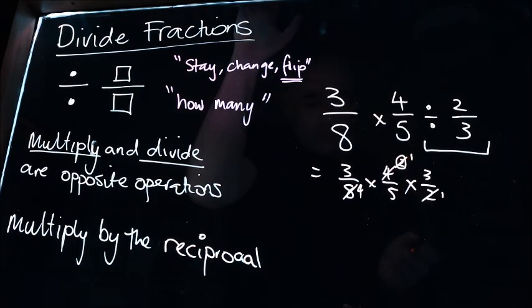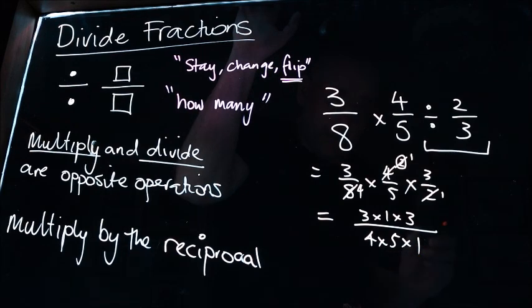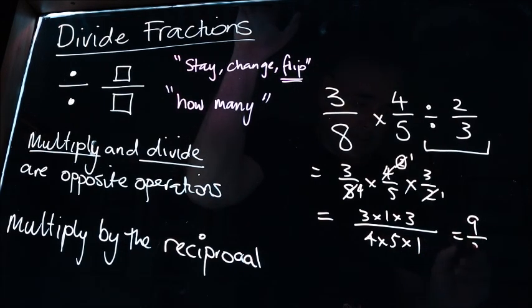So it all looks a bit of a mess, and that's about all I can do. I've tried my best to be neat about this, and I'm just going to write this out as 3 times 1 times 3, and 4 times 5 times 1, and finish off the work here. This is going to be 9 over 20 as my final answer.